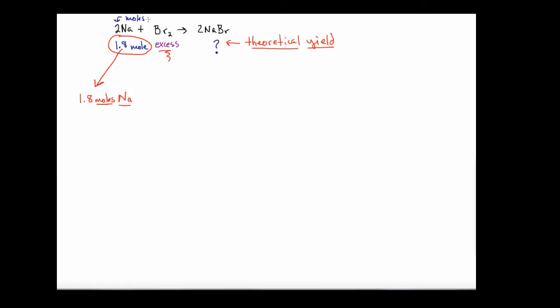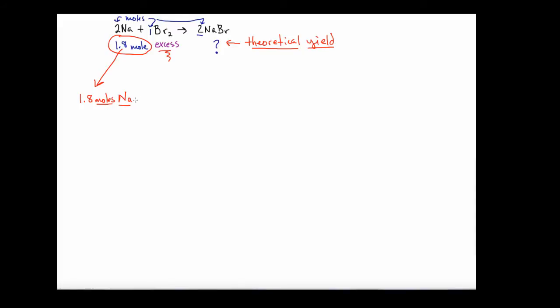So for any calculation involving a balanced chemical equation, the units that you deal with always need to be in the same units of the coefficients, and therefore we need to have the quantity of input in the same units as the coefficients.